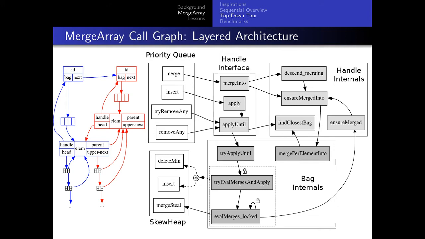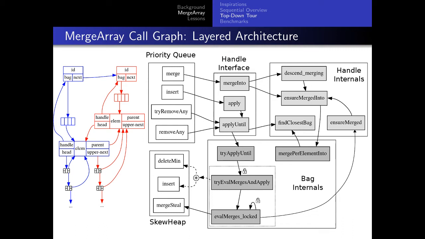Yeah. So this is the basic call graph structure of all of the different pieces of merge array. So the priority queue and skew heap in the middle here, that's sort of the user code that someone who wants to use merge array to build their own data structures, that may or may not be a priority queue even, would use.